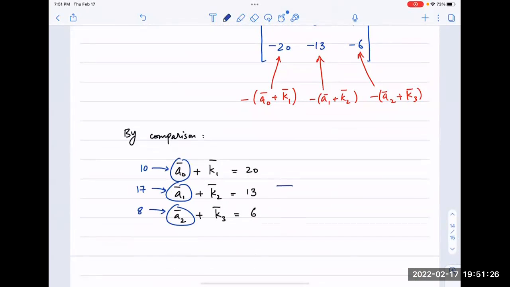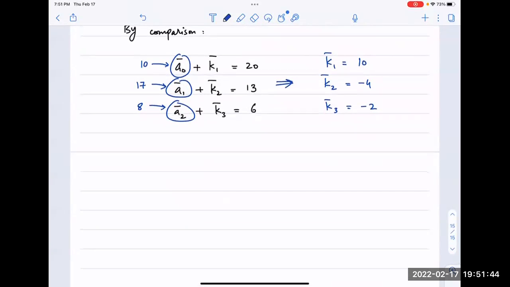So essentially, our k1 bar is 10, k2 bar is minus 4, and k3 bar is minus 2. The last step, step 4, is to convert to the original coordinate system.